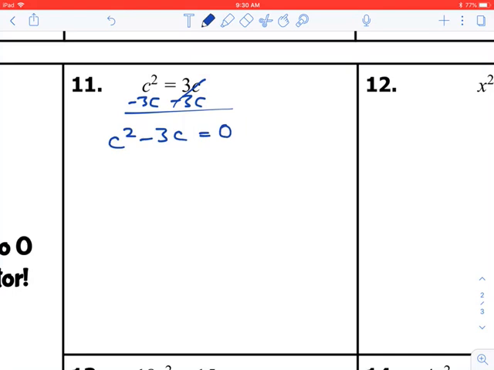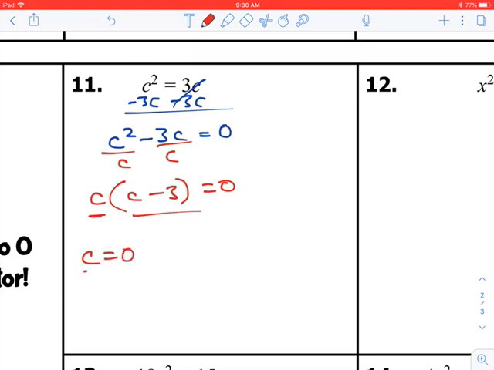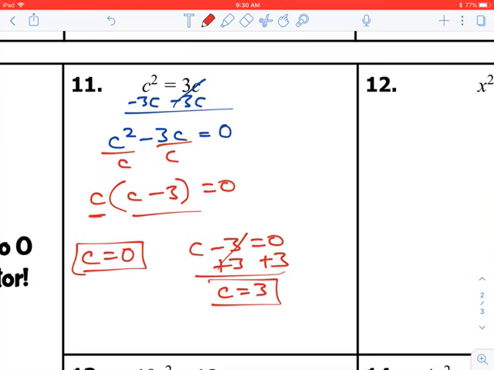Now I can go ahead and factor. c is my GCF to bring out of the parentheses. I'm left with c minus 3 equals 0. So there's my two factors. c equals 0. c minus 3 equals 0. I add 3, get c by itself. I get c equals 3. There we go.